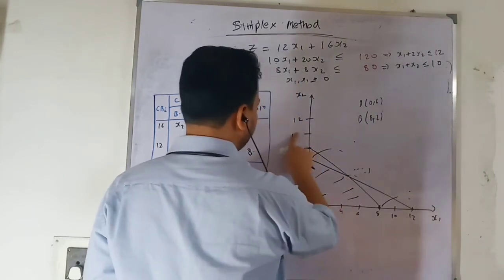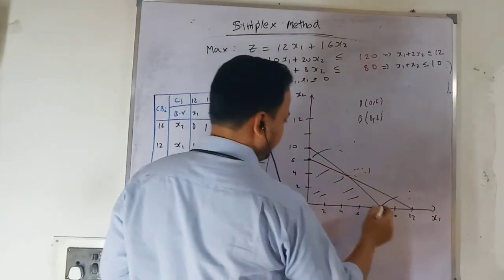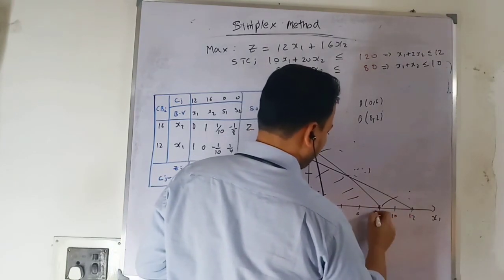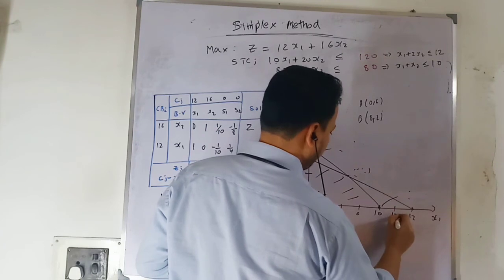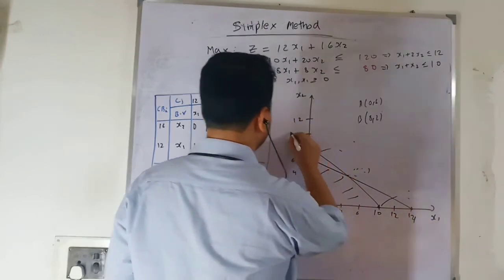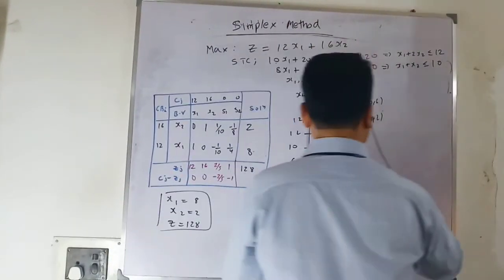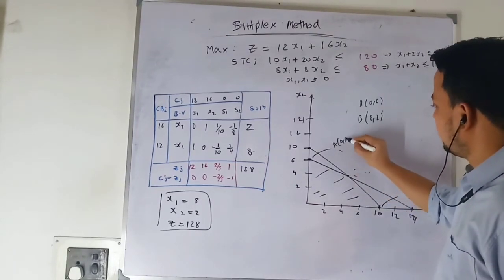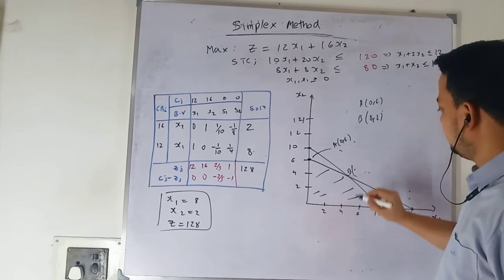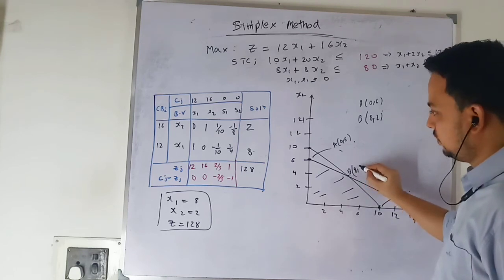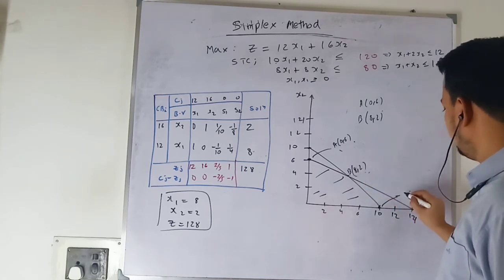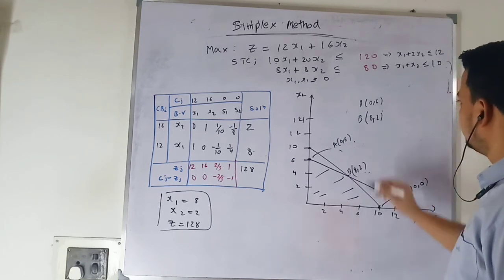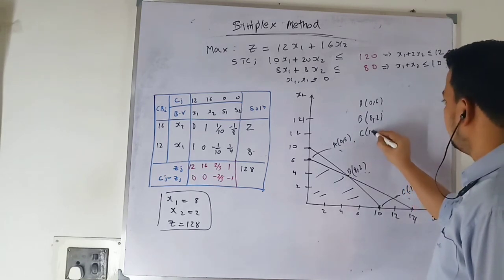No problem, I write this 10. 10, 12, 40. No problem, it will be the same. A will be 0,6, B will be 8,2, and C will be 10,0.